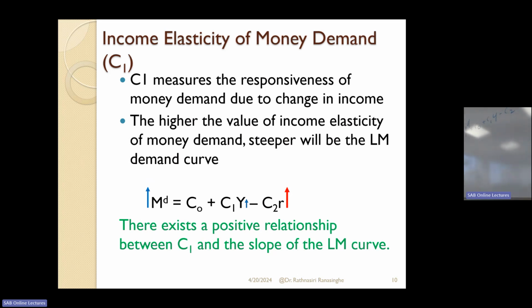We have to compare these changes in the interest rate and income. If there is a steeper LM curve, with the interest rate and income on the axes, this is the LM.